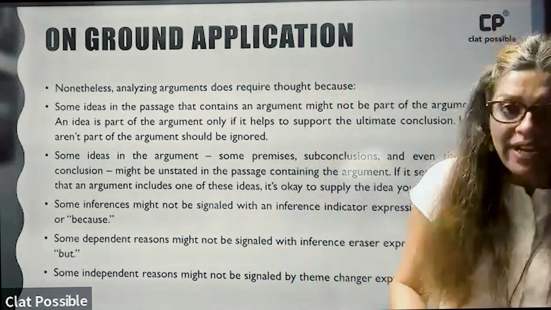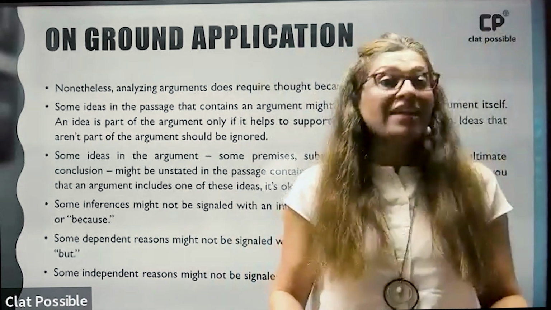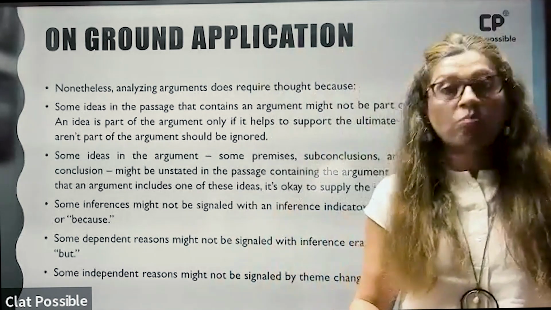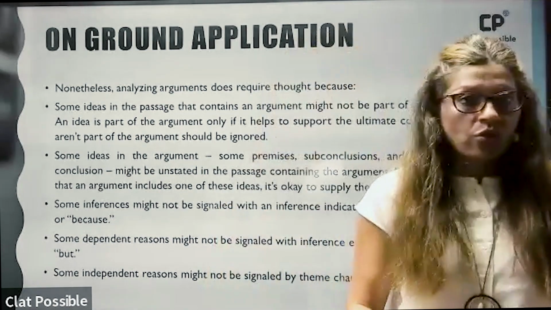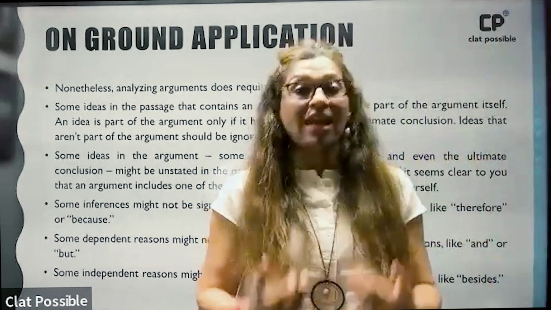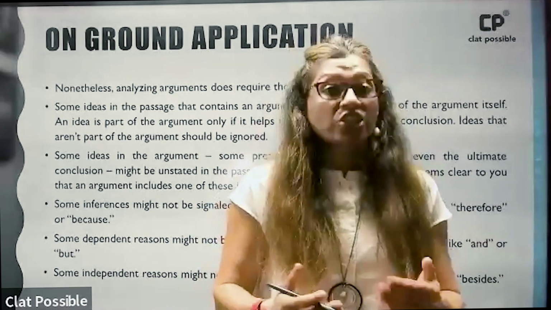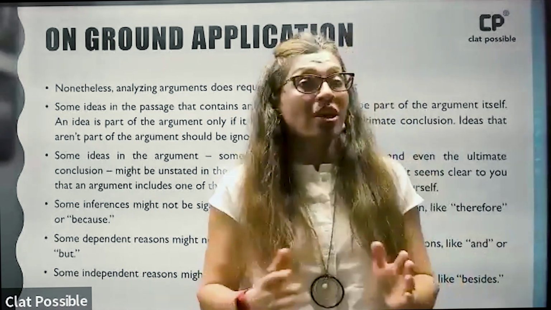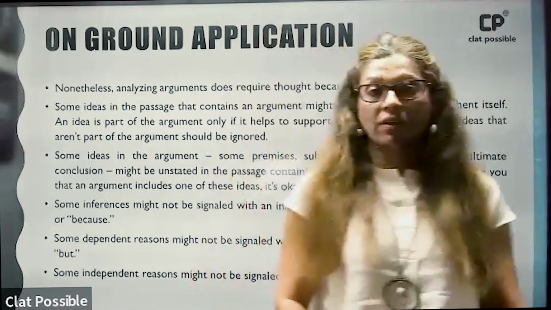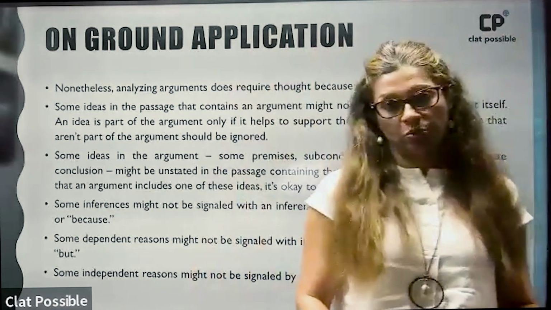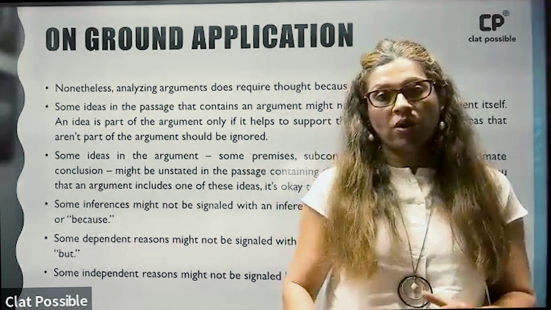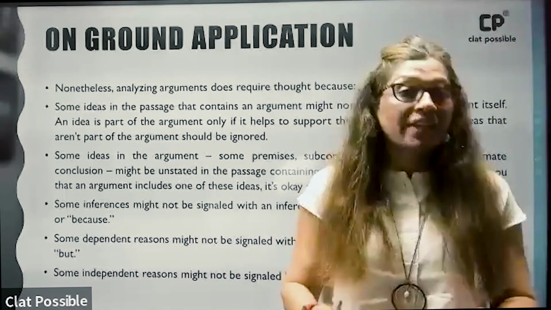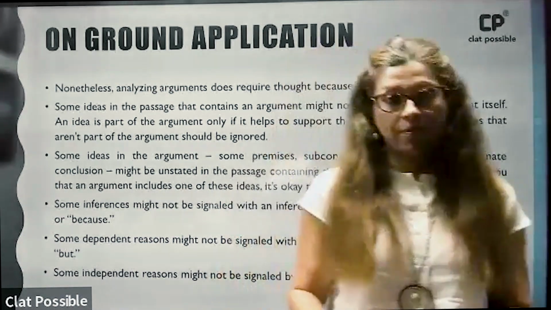But while you are doing it, now your mind is open and now you are more aware of what is happening. Now you know that I'm not going to get confused. There is a sub-conclusion, such a thing known as a sub-conclusion. So let me see what is the final line, which even the sub-conclusion is proving. So this will help you avoid those errors that are eating up your 4-5 marks here and there.